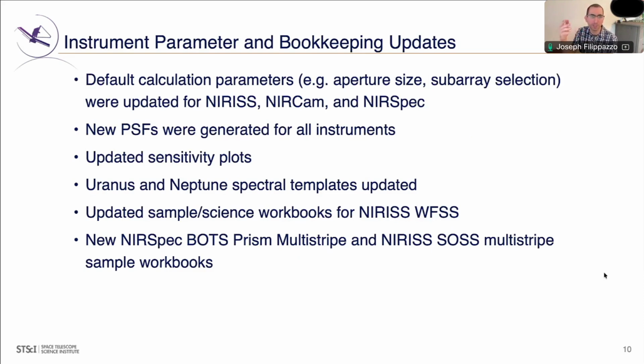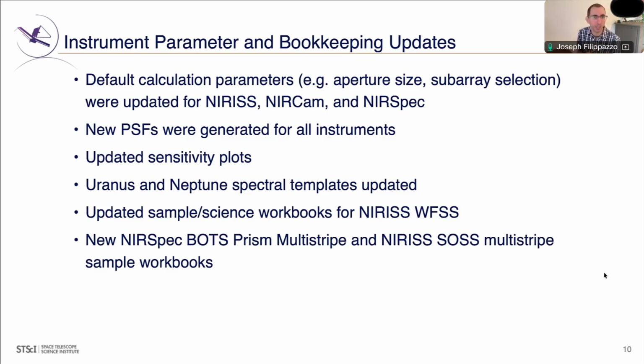What this means is when you, in the ETC, click to create a new calculation with one of these instruments, the values that are preloaded into the calculation as the default are more closely aligned with either the instrument team's recommended strategy for that particular mode, or just the most used options, to reduce the number of clicks and typing that you would have to do. Of course, all of these things are still editable. This just changes the default calculations to the most likely way that a user might be using one of those modes.